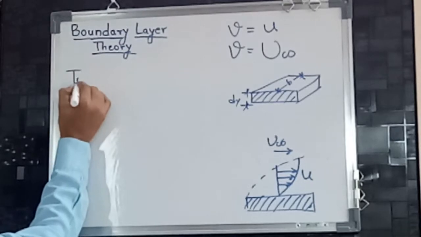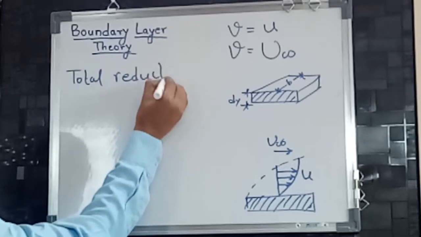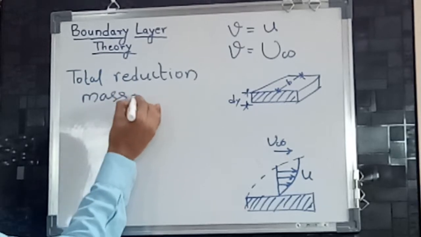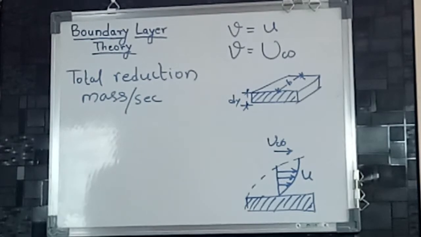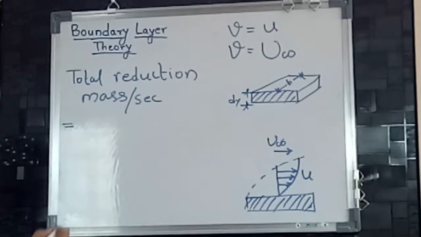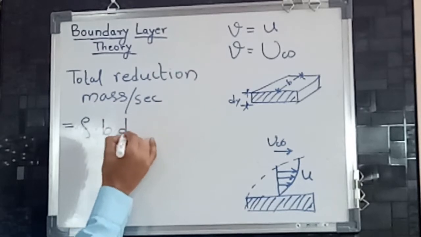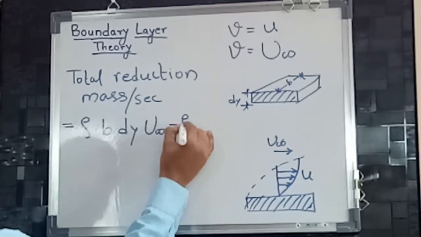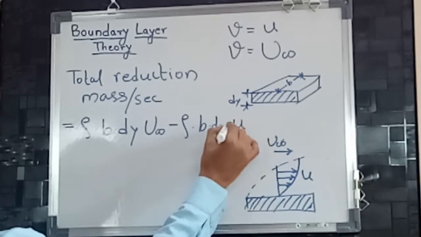Previous one: rho b dy into u infinity minus again rho b into dy into u.